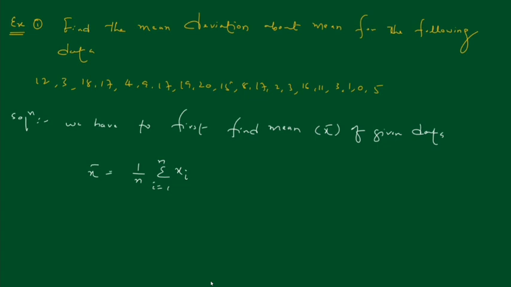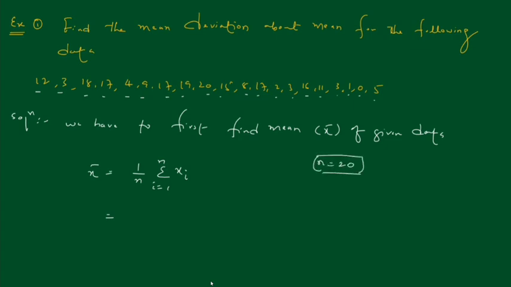We have this formula. Now n value, how much do we have here? n is 1 2 3 4 5 6 7 8 9 10 11 12 13 14 15 16 17 18 19 20. The n value is 20, right?